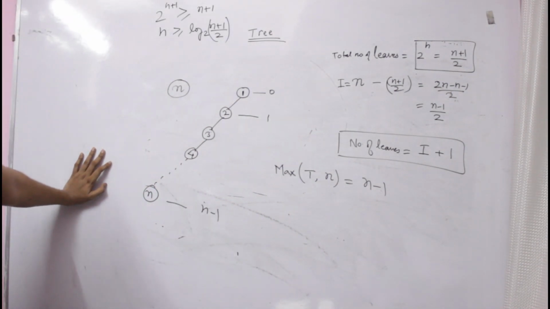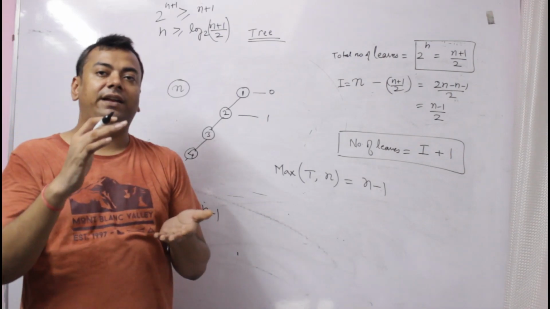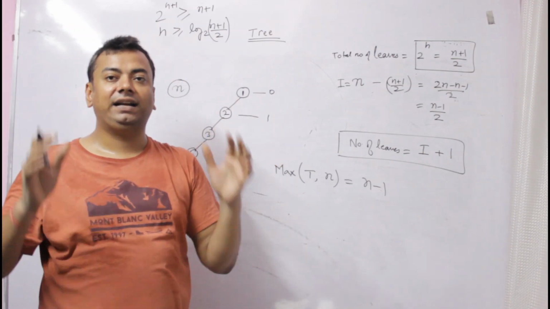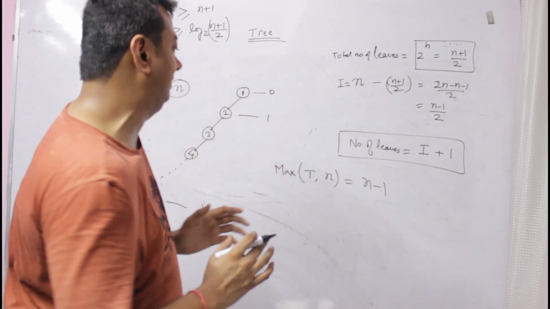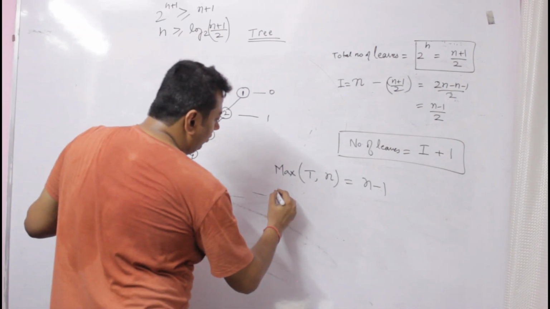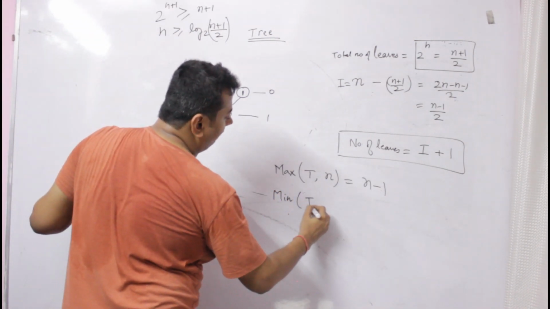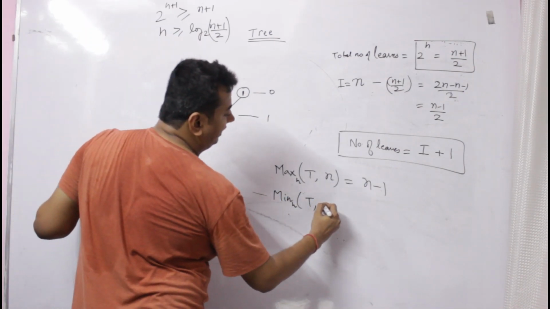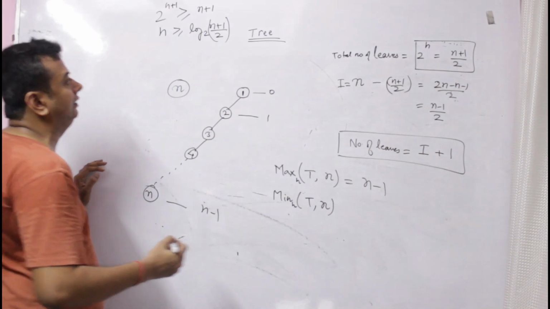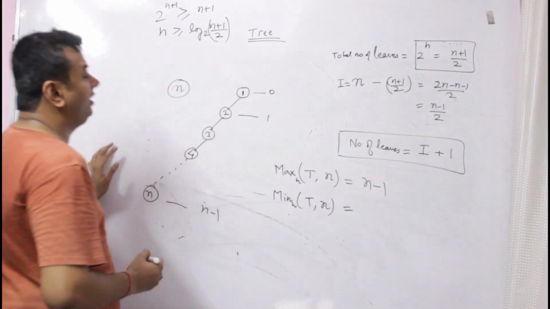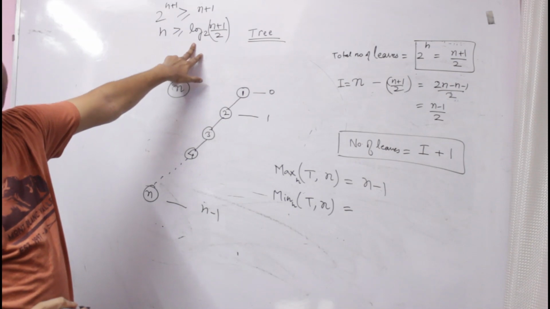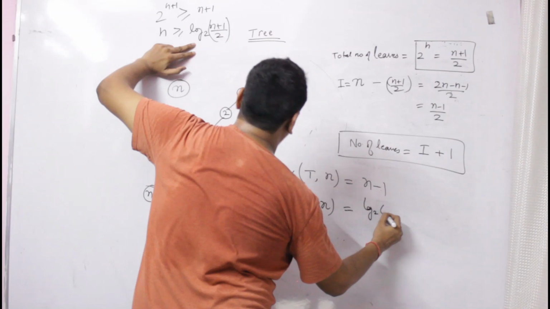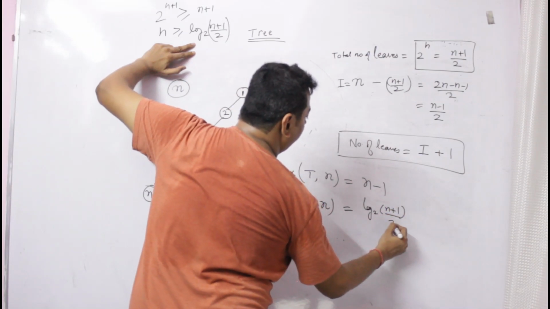What about the minimum height? Minimum height will be when it is full and complete, which is filled at the left side. So the minimum height of any tree with n nodes will be at least this much height: log 2 of (n plus 1) upon 2.